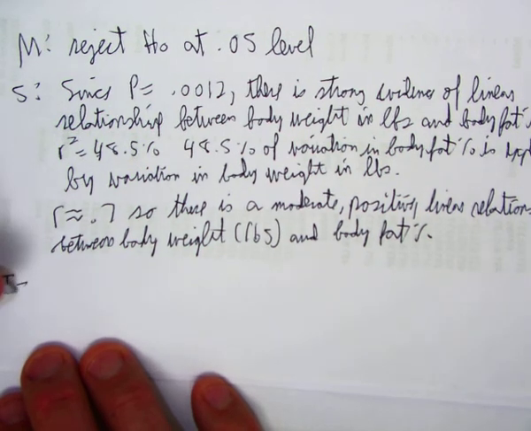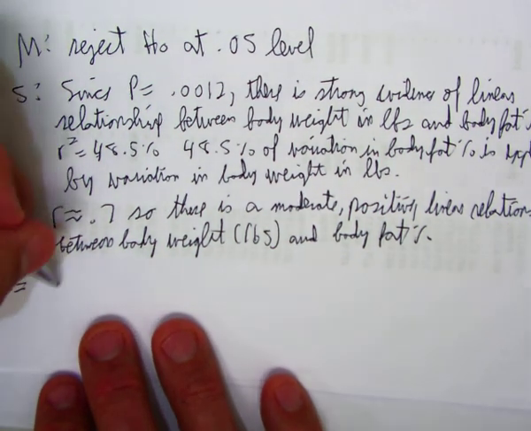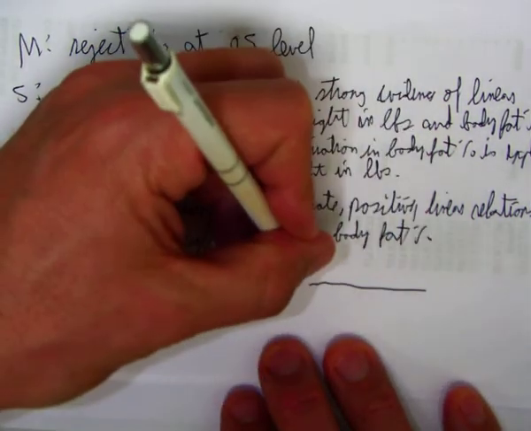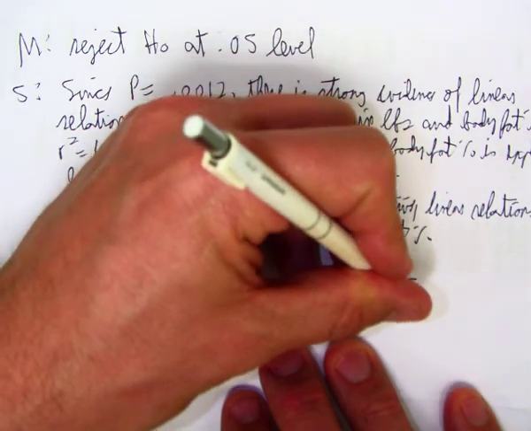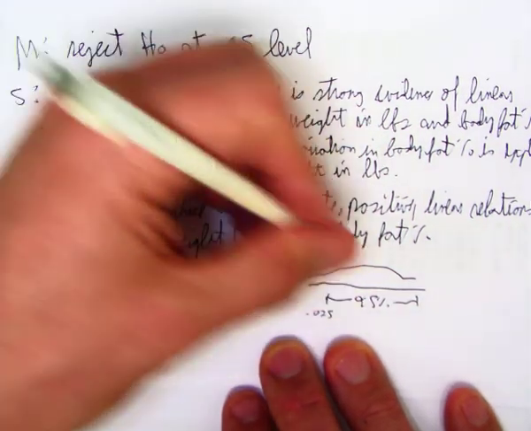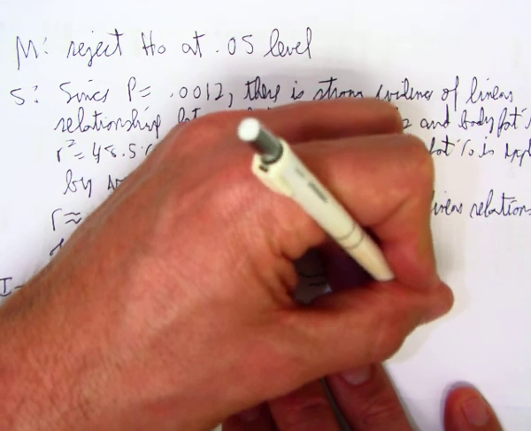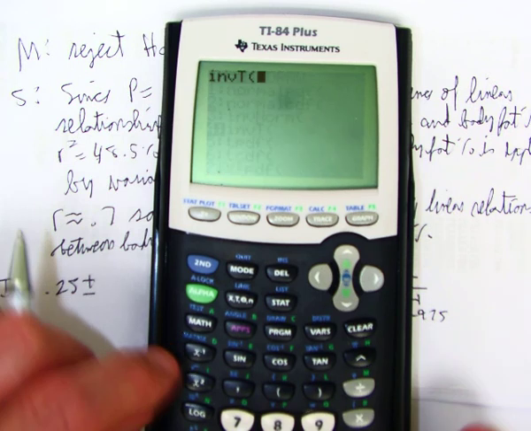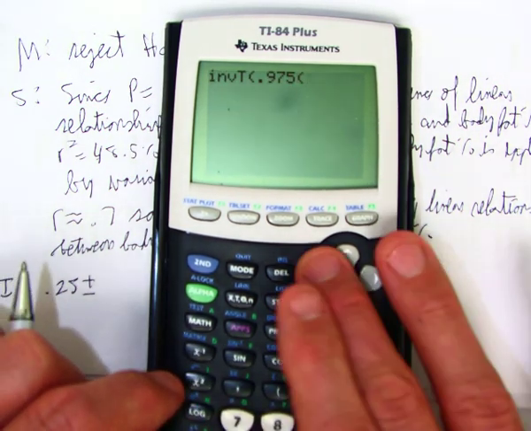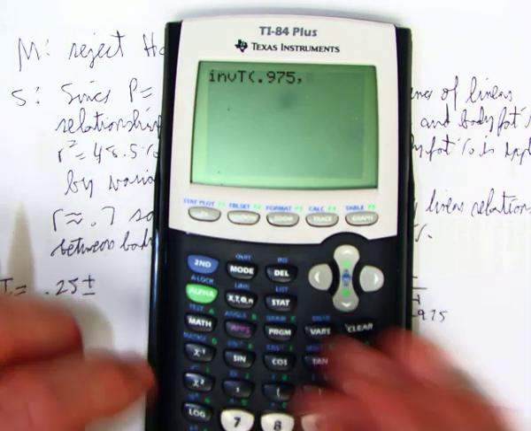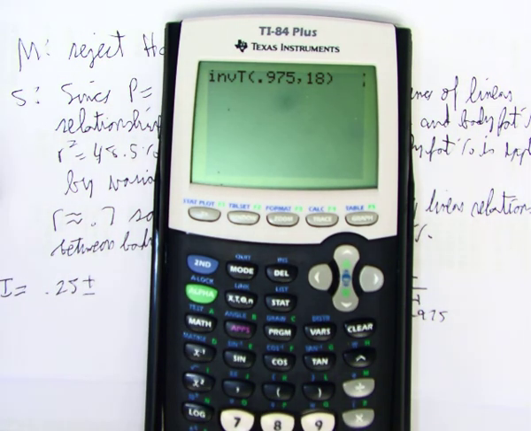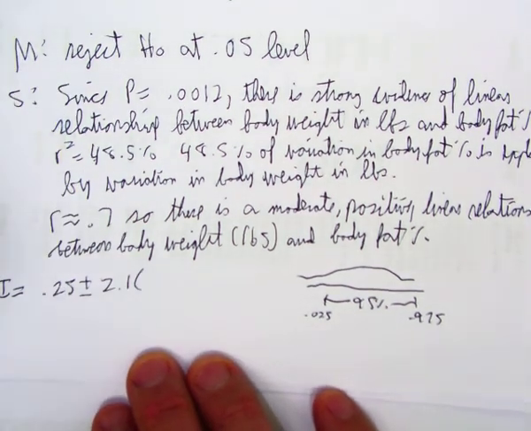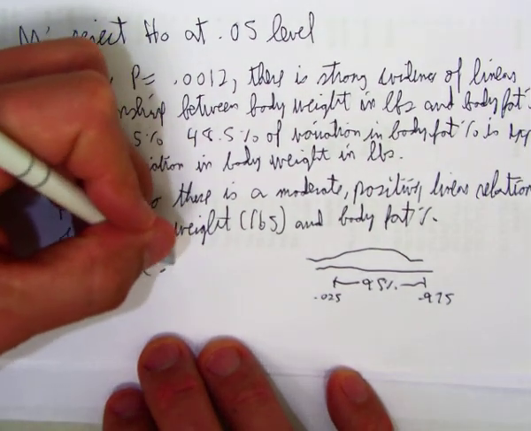The confidence interval equals B sub 1, which is 0.25, plus or minus t. Now we have to find a t value. I'm going to do 95% since we did a two-tailed test. So we start at the 2.5 percentile and end at the 97.5 percentile. So I'm going to do inverse t of 0.975, and how many degrees of freedom? 18, right? And we get 2.1. So we're going to do plus or minus 2.1 times the standard error, which is 0.06065.